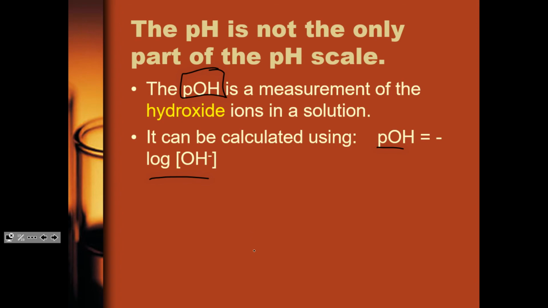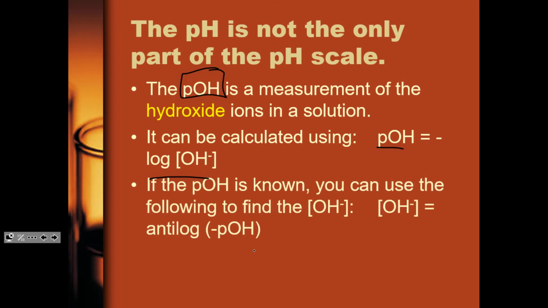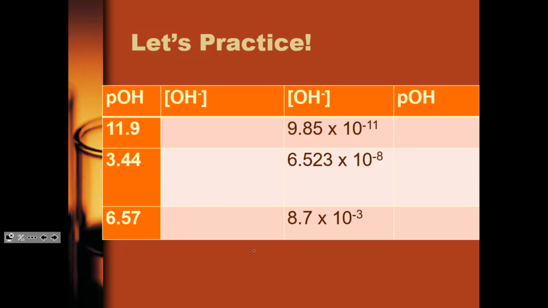So it's the same equation, but instead of pH, we're using pOH. If the pOH is known, you can use the following to find the OH concentration. Again, you'll find it's the same equation, but we're using pOH. So what we need to know is how to go from pOH to H+.